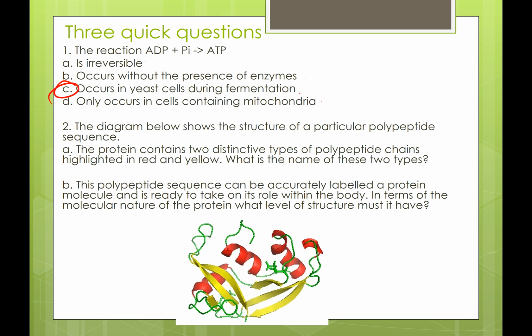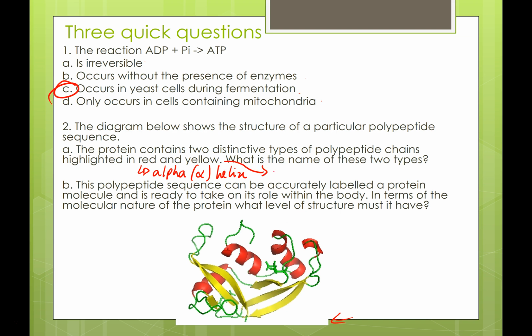Below we have a diagram that shows the structure of a particular polypeptide sequence. The protein actually contains 2 distinctive types of polypeptide chains, highlighted in red and yellow. What is the name of these 2 types? Hopefully you can see that here we have a helical type structure, so that is an alpha helix.